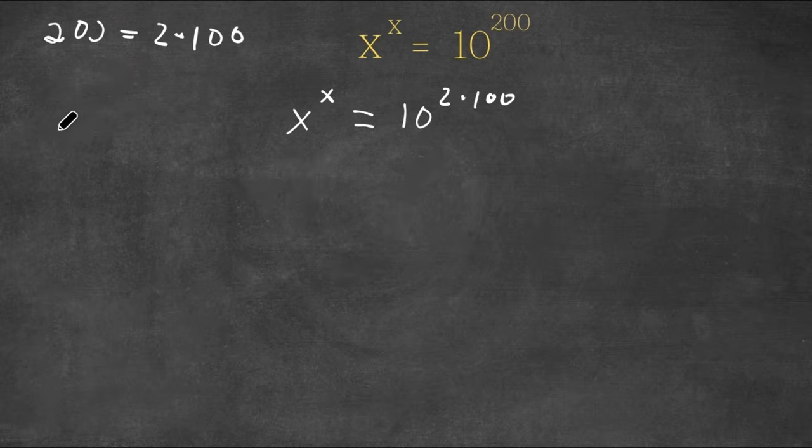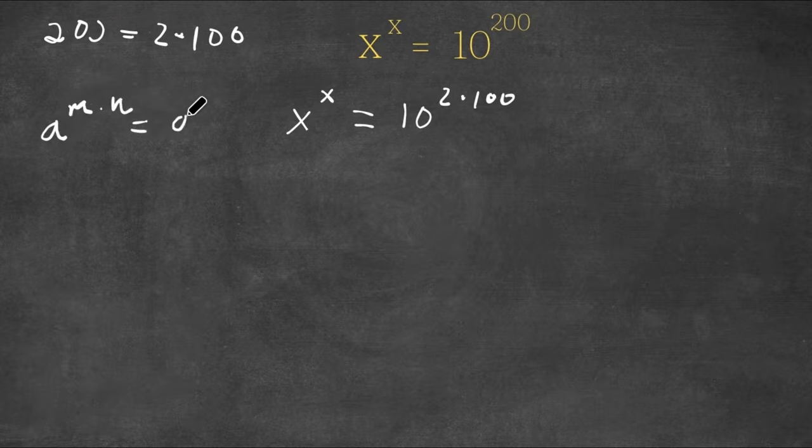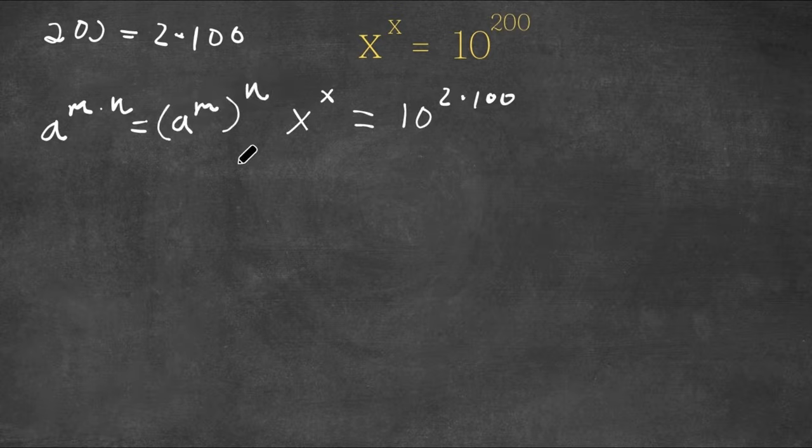Now, if we have something in the form a to the power of m times n, this is equal to a to the power of m to the power of n. And the same thing goes vice versa. A to the power of m to the power of n is equal to a to the power of m times n. So now I'm going to rewrite 10 to the power of 2 times 100 as 10 to the power of 2 to the power of 100.